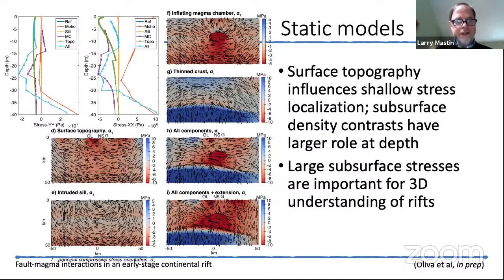Obviously, if you're modeling stress, say with an elastic model, the areas where stress is perturbed are likely to be areas with different elastic moduli in different geometric shapes. And if you're considering inelastic processes, they would also include different rheologies of materials.